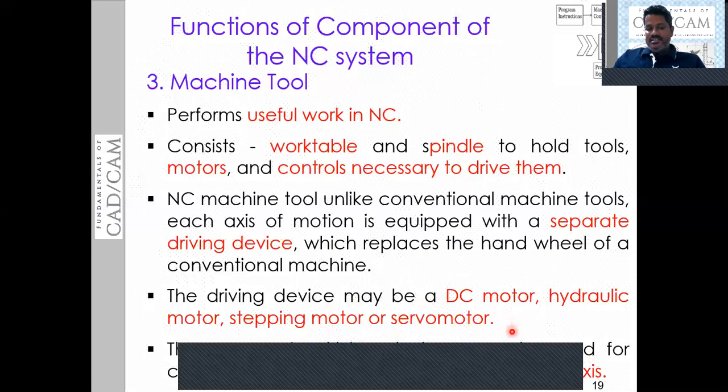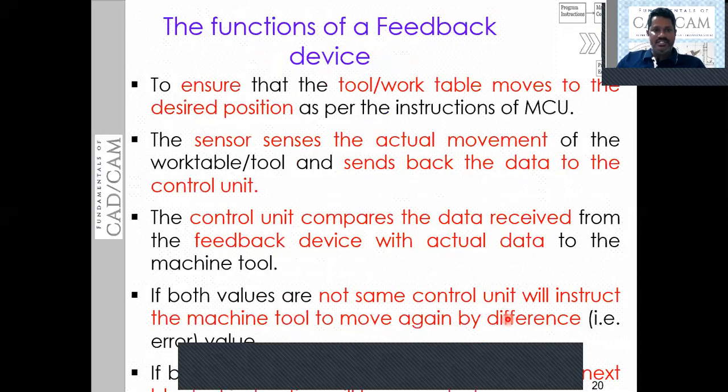These separate driving devices are used to control the direction in the X, Y, and Z axis. This is the brief functionality of the machine tool, or the NC machine.